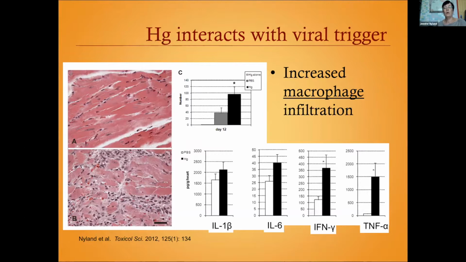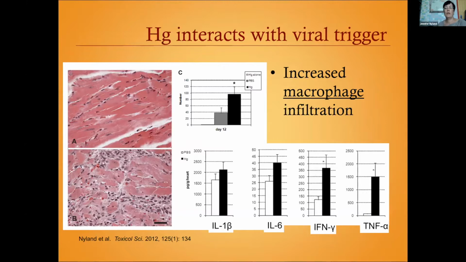And so what we were thinking is that perhaps the mercury exposure is shifting the phenotype, or the flavor, of these macrophages towards one that is not necessarily appropriate. And it's only happening when the mice have been exposed to mercury and that viral trigger. So mercury on its own doesn't do this. It's only when you have the combined exposure.